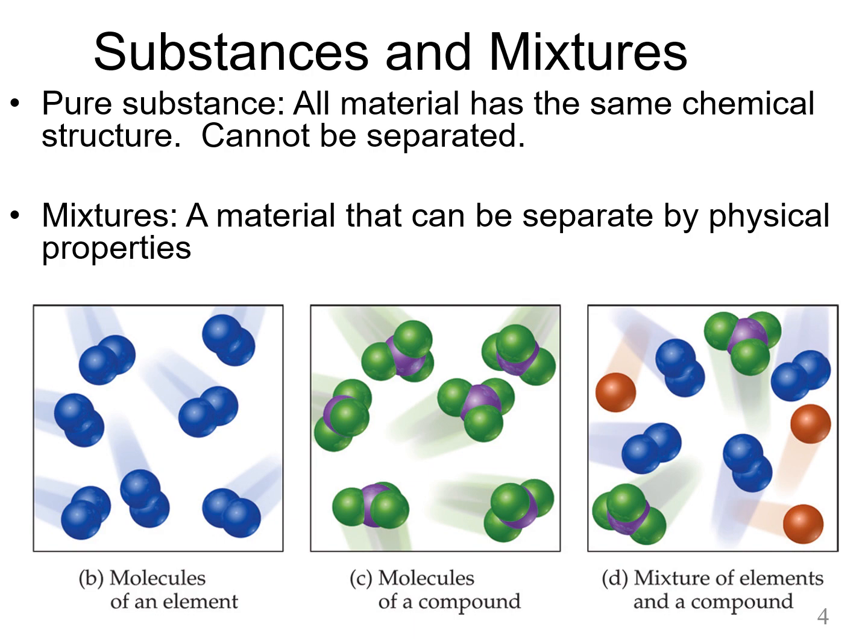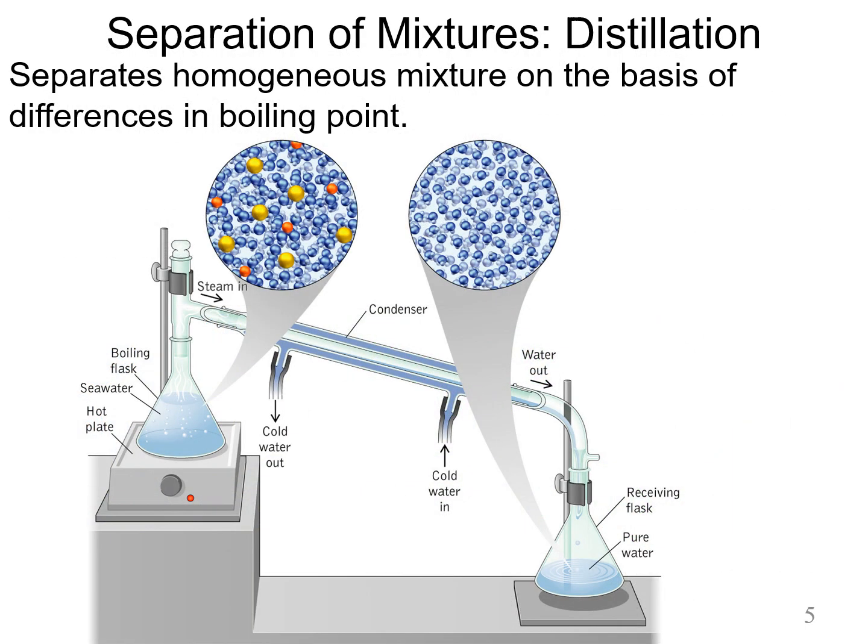For example, one way is distillation. And you've probably seen this before somewhere. Again, the two different pieces of matter we have in salt water is salt and water. And so water is boilable, salt is not.